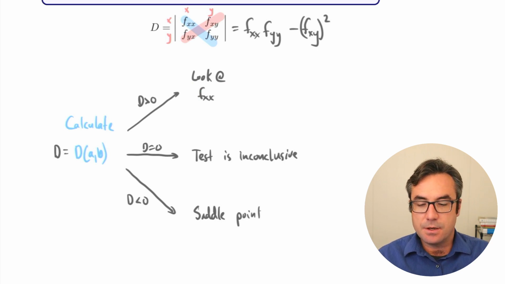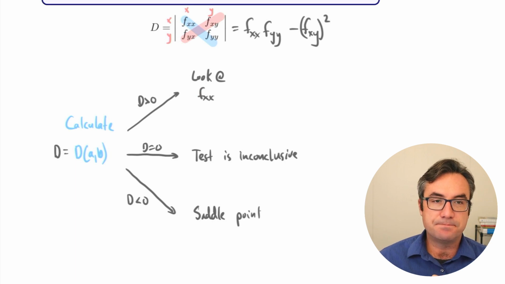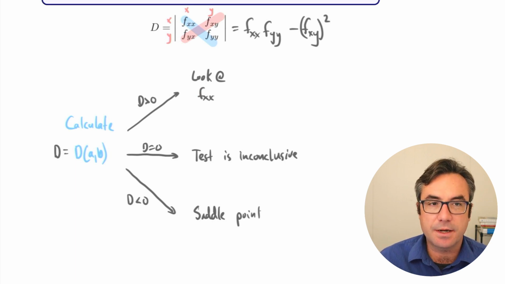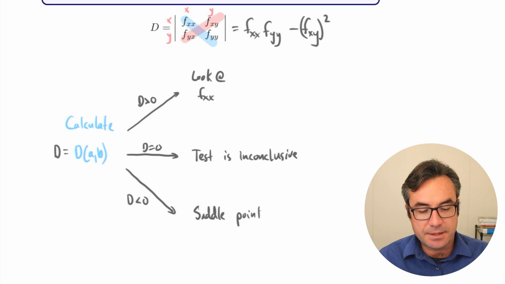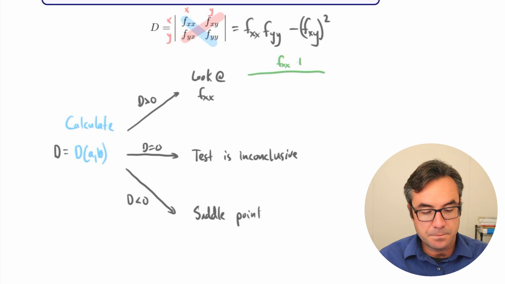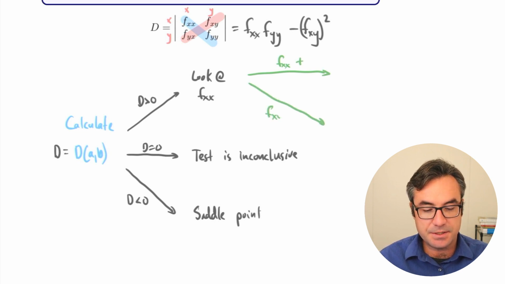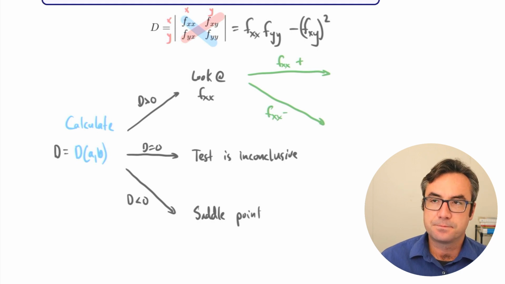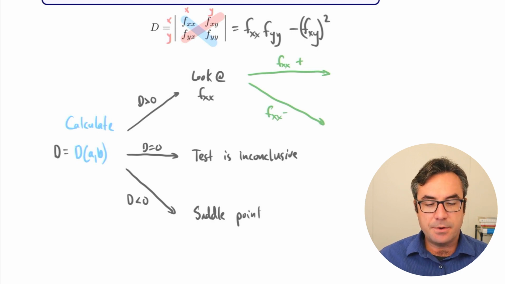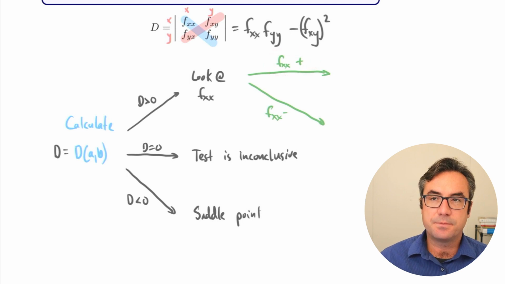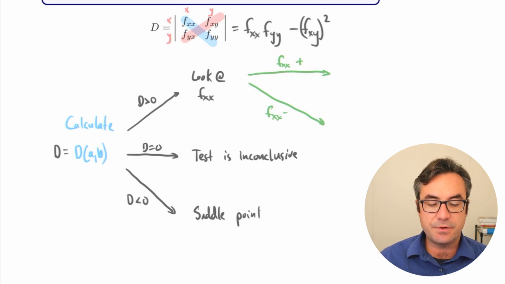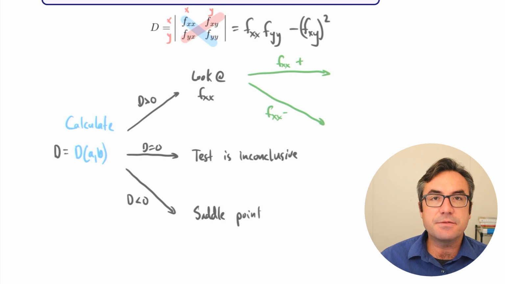And there's kind of two cases we're going to consider. Either f double x is positive, or f double x is negative. Now, we want to think of the second order derivative as telling us about the shape of our graph in the x direction.